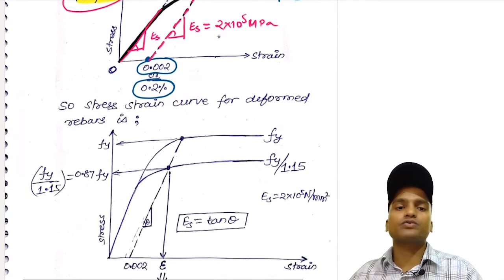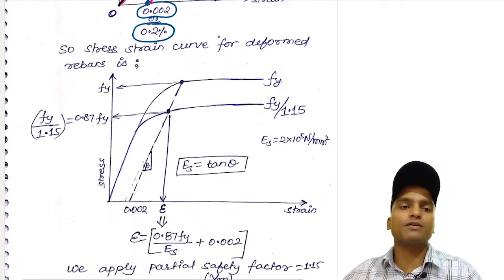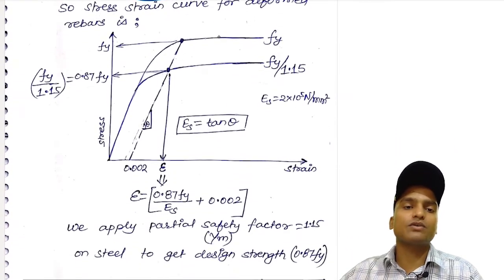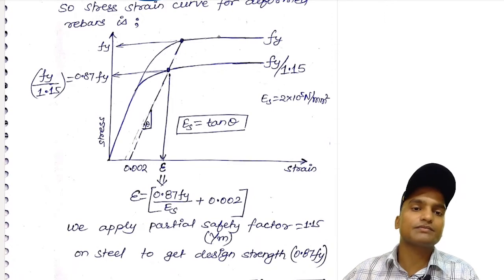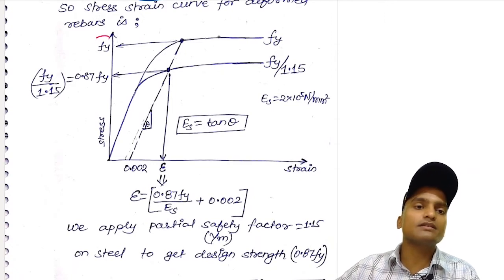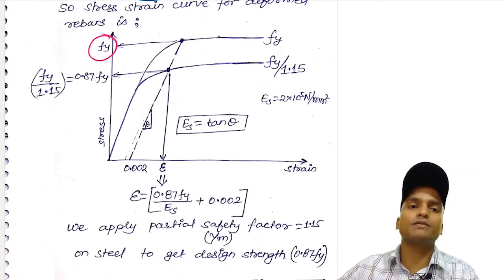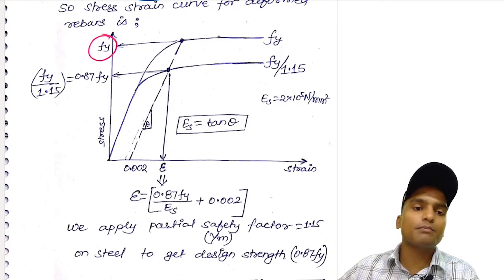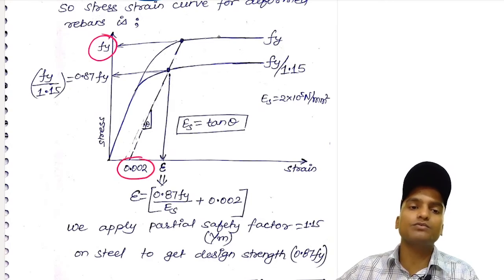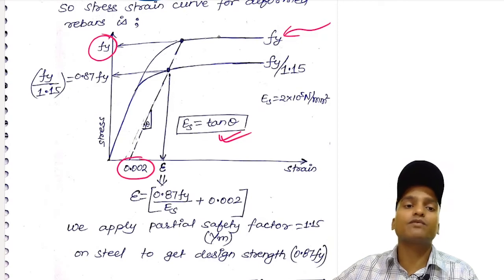Alright, so the stress strain curve for deformed bars is also drawn here. You can just look at, this is the yield stress of deformed bar corresponding to the proof strain 0.002 with the same slope, and tan theta is equated as Es, and this is the characteristic stress strain diagram for deformed bars.